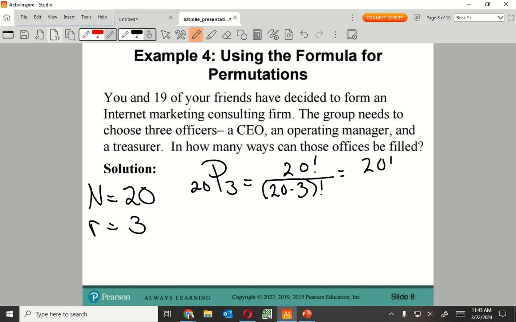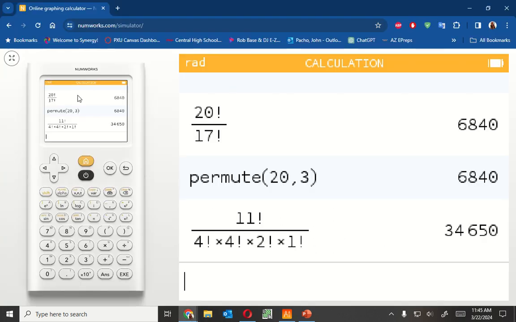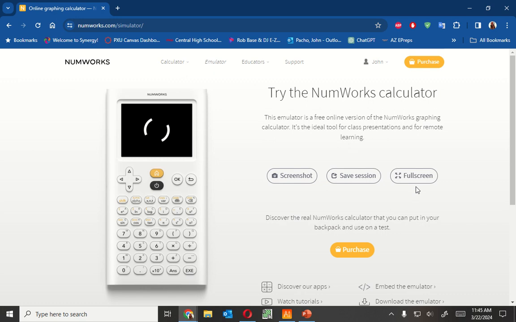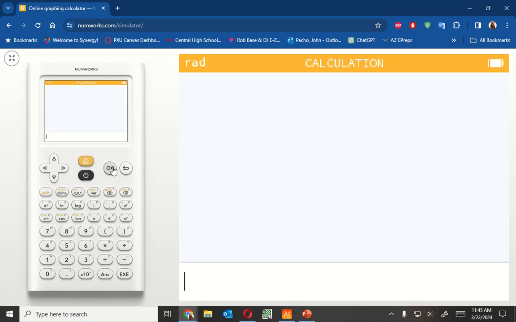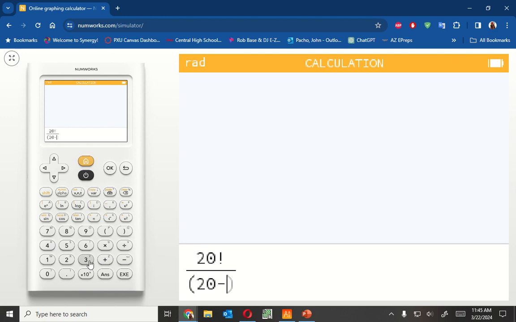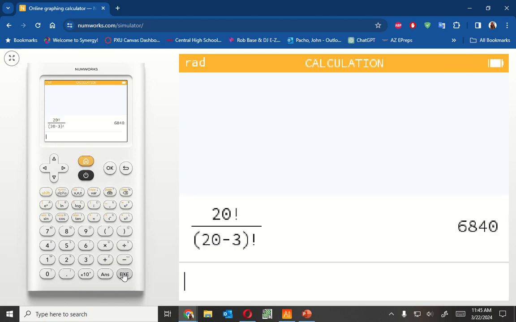So it's still 20 factorial over 20 minus 3, 17 factorial. And let's put that in our handy dandy calculator. There we go. So 20 factorial over, like I said, we could put it in the calculator as is, so 20 minus 3, close, factorial. There we go.